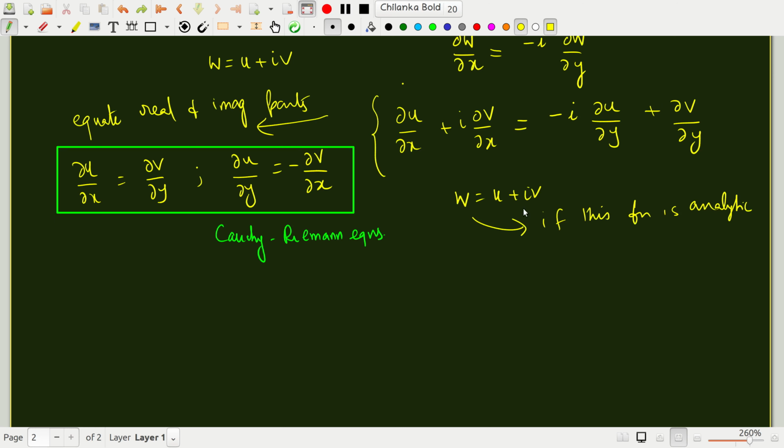This is another way of thinking about it. So w is u plus iv, then if the function is analytic, then u and v have to obey the Cauchy-Riemann equations or Cauchy-Riemann conditions.